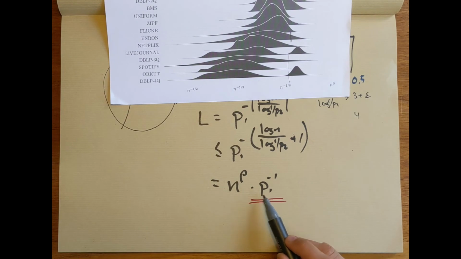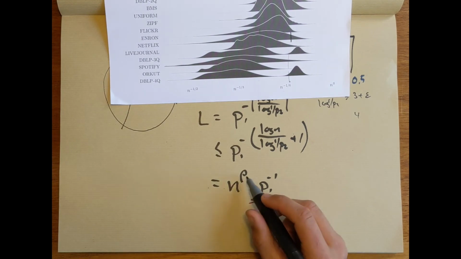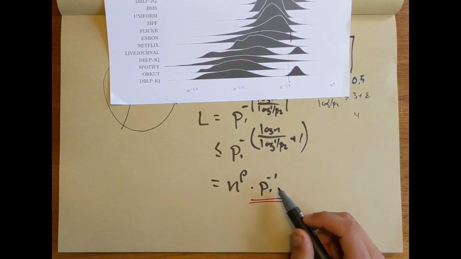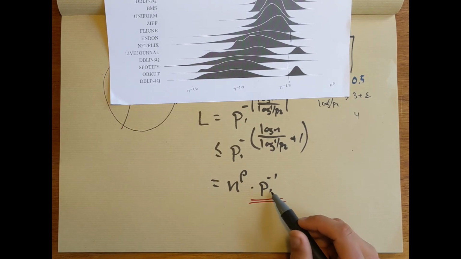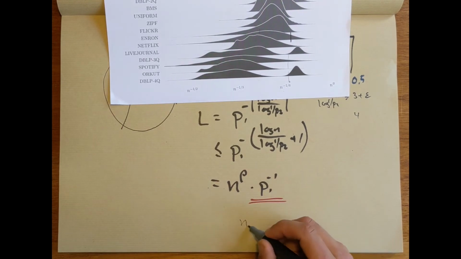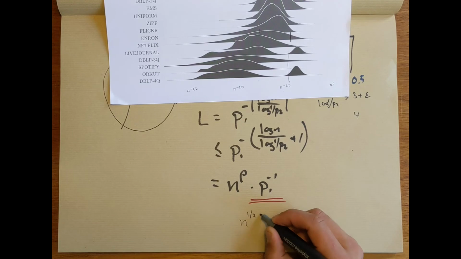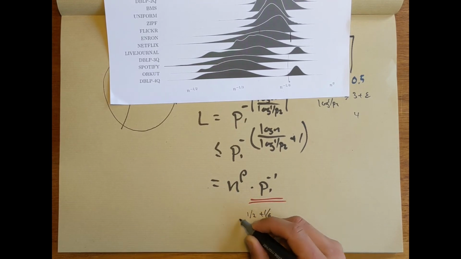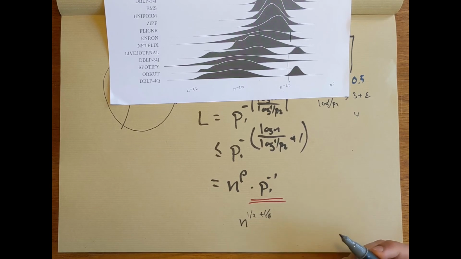And you see, that means that in this case, if we said rho was a half, then if p1 is n to the minus 1/6, we end up with n to the half plus 1/6, which can be a pretty big difference for many practical applications. And there is so much work done into reducing this constant here that it makes a lot of sense to try and reduce this one here as well.